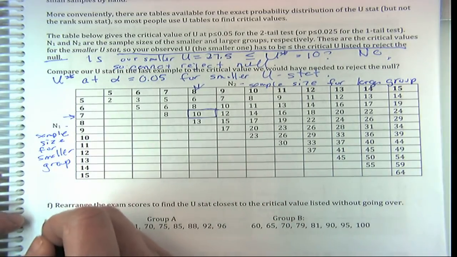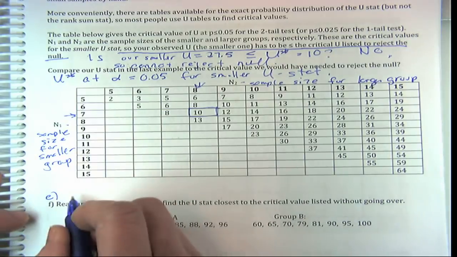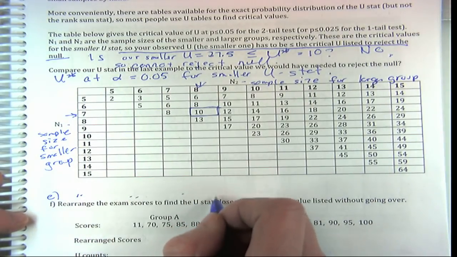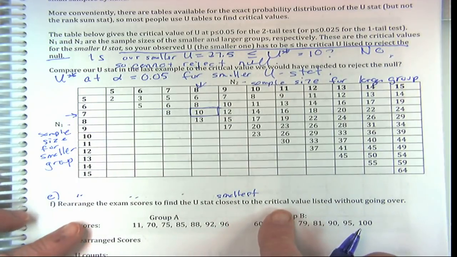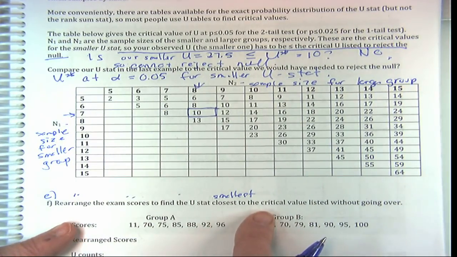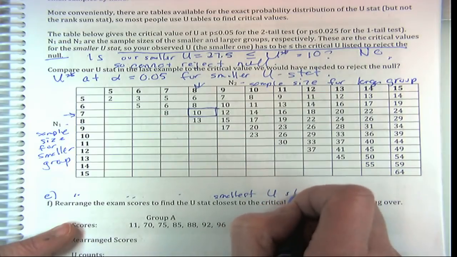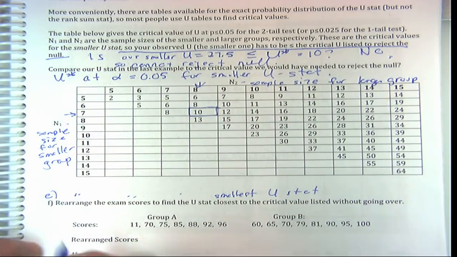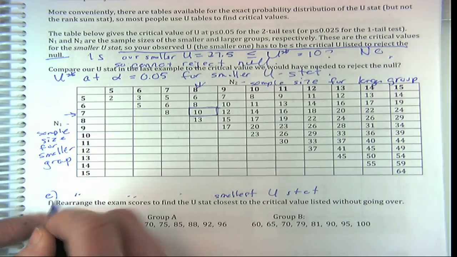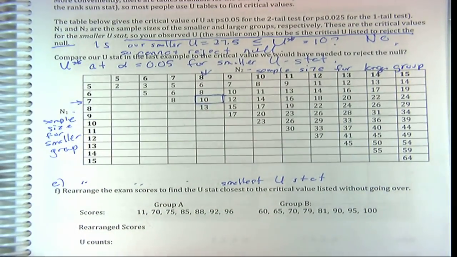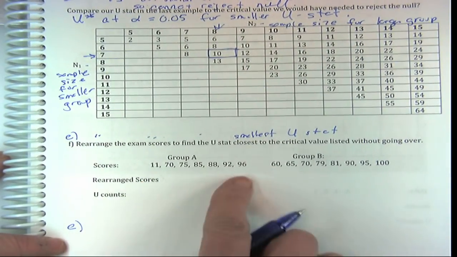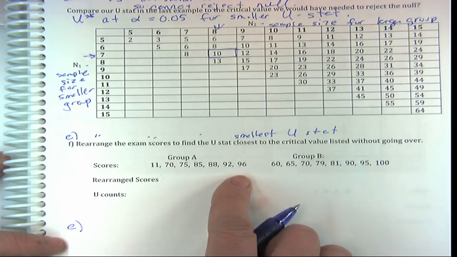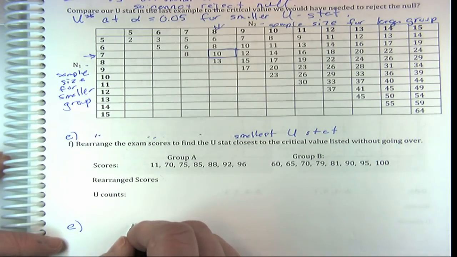We'll do part A later, but first, to find the smallest U-stat, that's really easy. What would we do? Wouldn't we rearrange them to have the 7 smallest numbers, right?